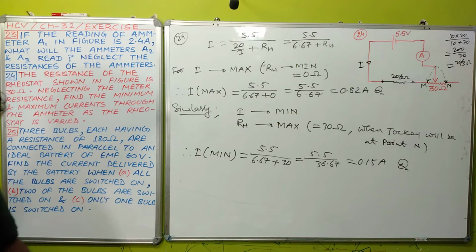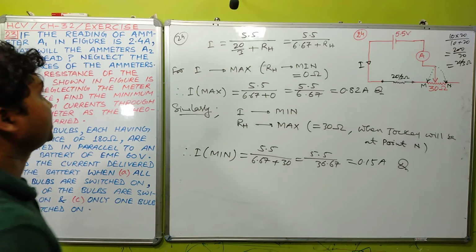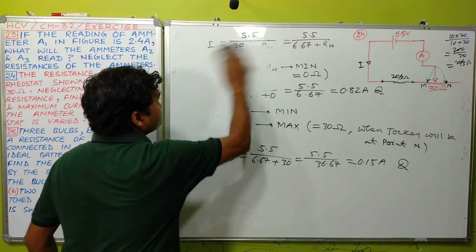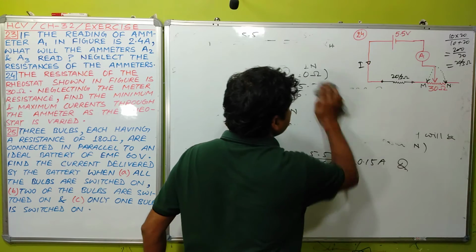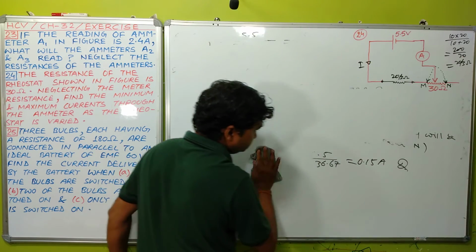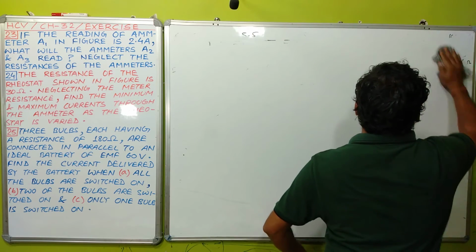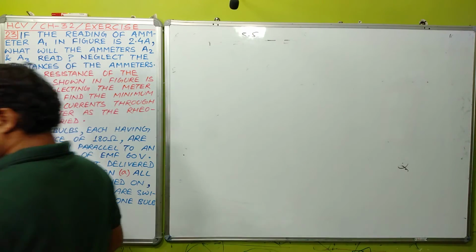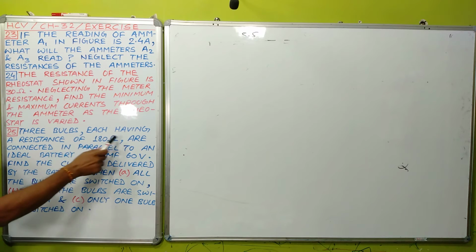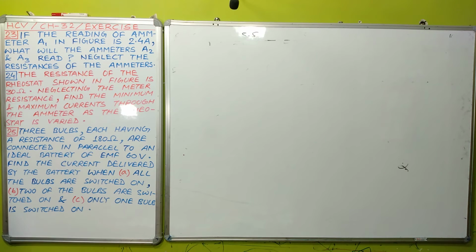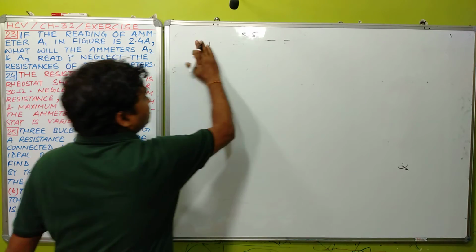Okay student, now we are going to solve question number 25. Student, this question is saying 3 bulbs each having a resistance of 180 ohm are connected in parallel to an ideal battery of EMF 60 volt.